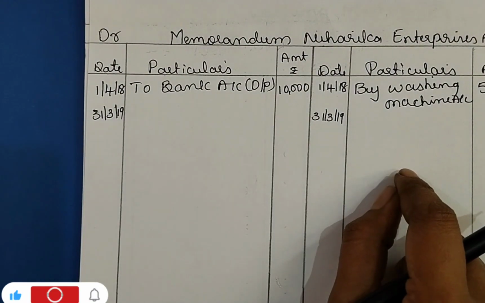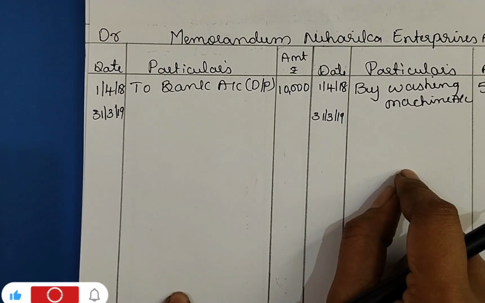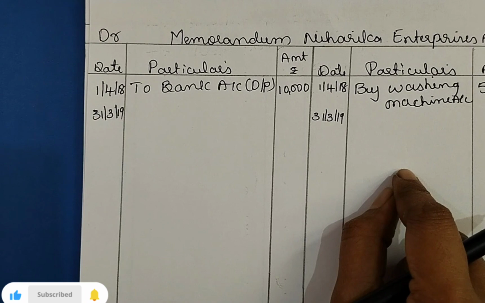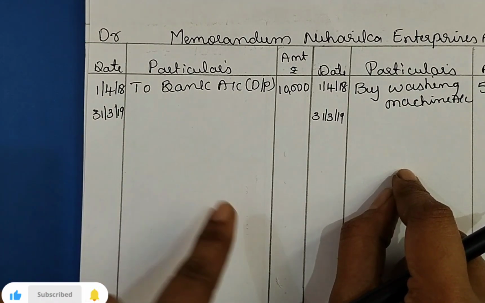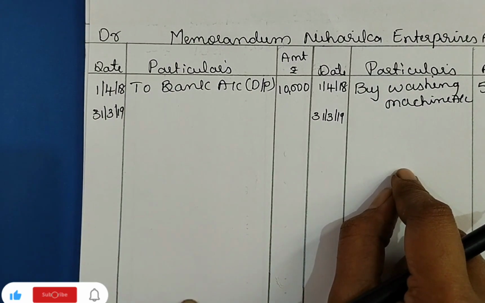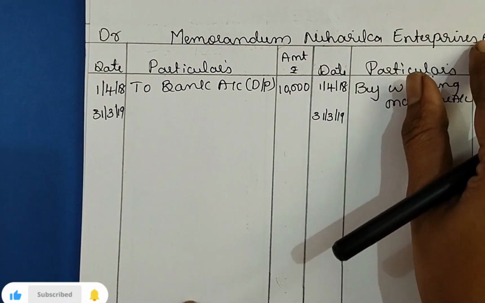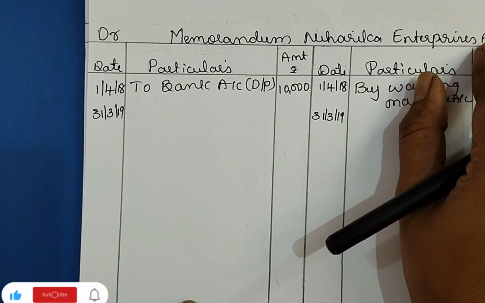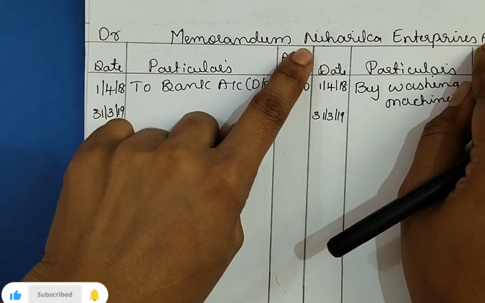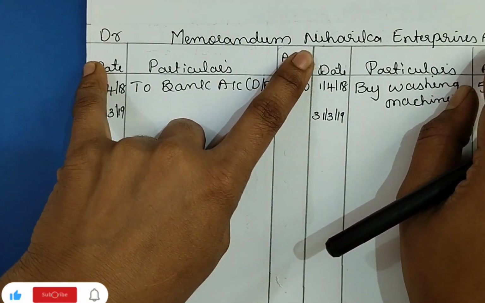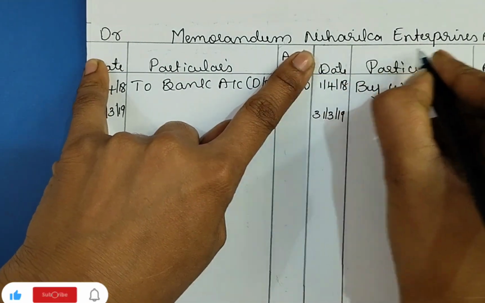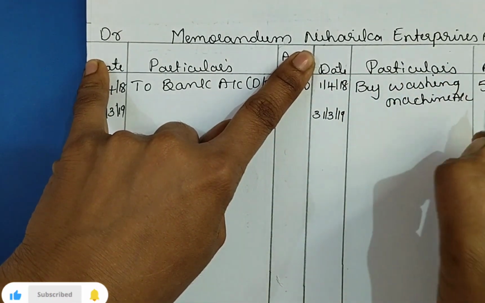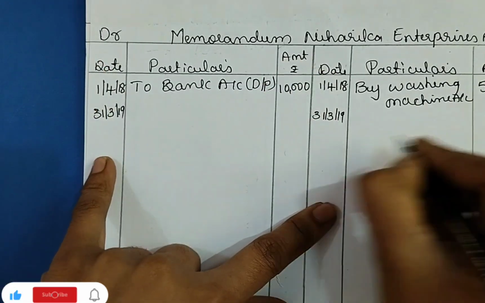And here we are preparing in the books of Manasa. Manasa is paying interest. For Manasa, interest is an expense. Interest account debit, to whom she is paying? Niharika Enterprises account. We are crediting Niharika Enterprises account in the books of Manasa. So Niharika Enterprises account credit side, the interest amount.